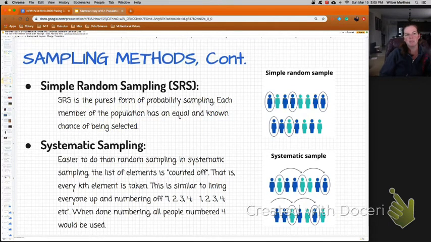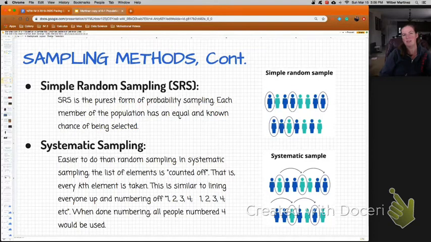This method of sampling can be kind of difficult to execute because simple random sampling requires that you have a list of information for the entire population. So if you're trying to perform a simple random sample on the people in the United States, you would need a list of every single person that lived in the United States, and then be able to reach every single one of them.